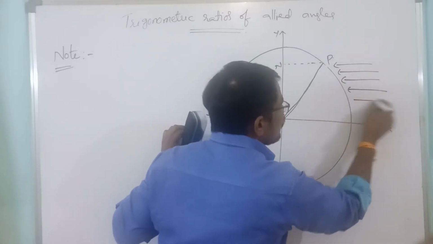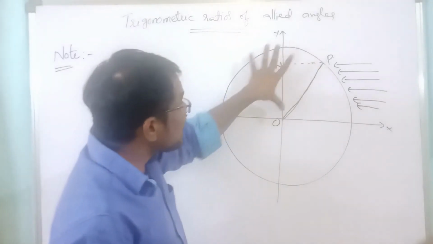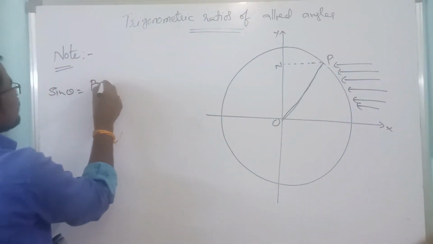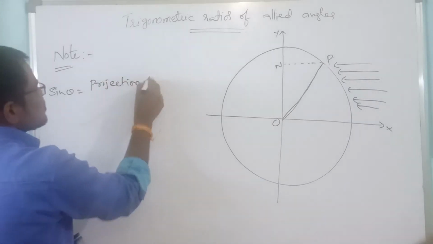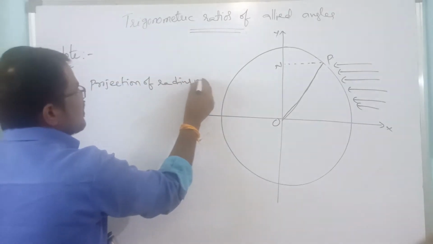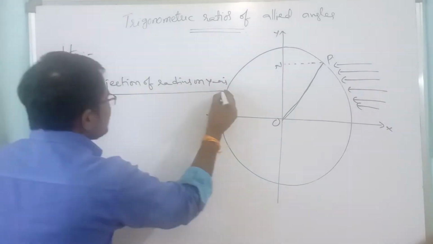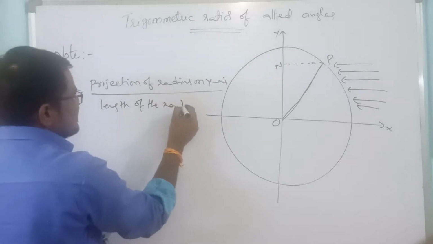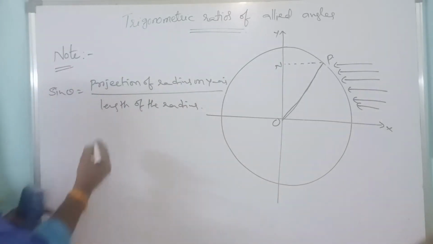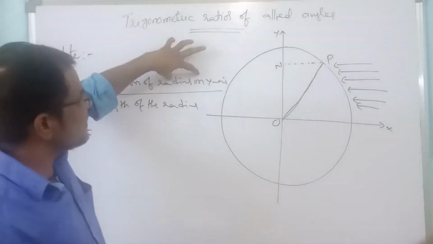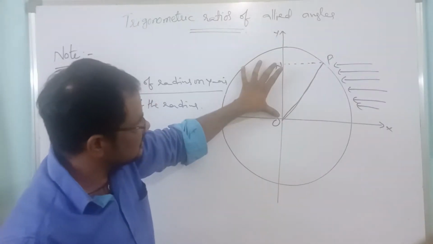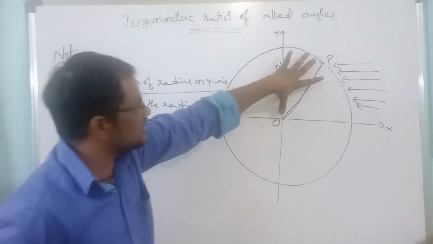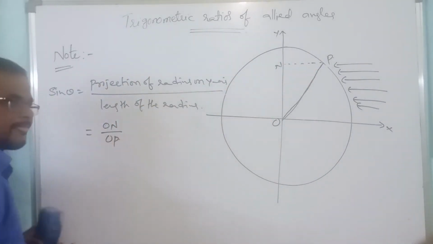Projection of OP on Y axis. So sin theta equal to the projection of the radius on Y axis divided by the length of the radius. That is nothing but the projection of the radius on Y axis, means this length ON, by the length of the radius, means OP.